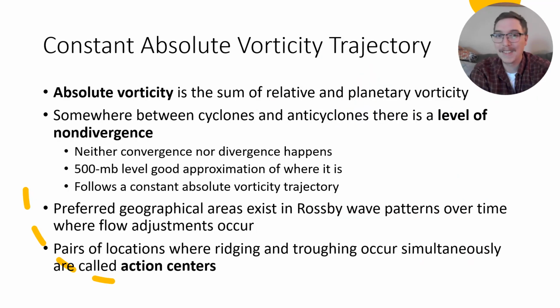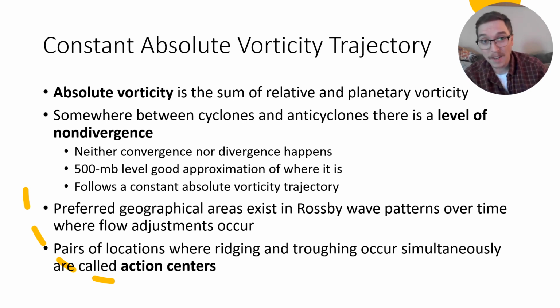I'm talking about constant absolute vorticity trajectory. Absolute vorticity is the sum of the relative vorticity and the planetary vorticity. So local factors driving vorticity and planetary factors driving it.